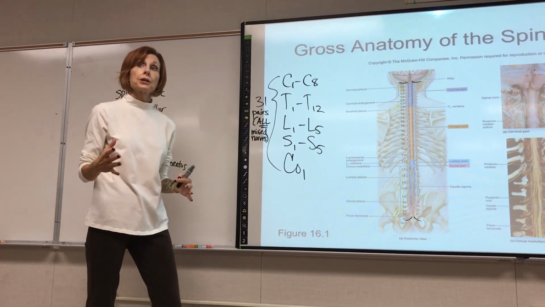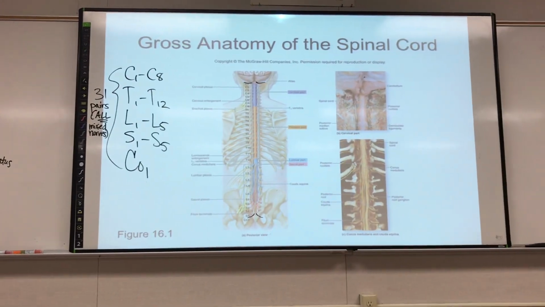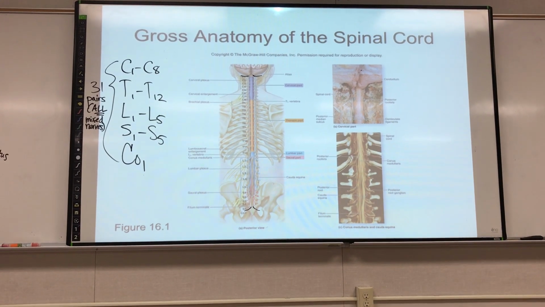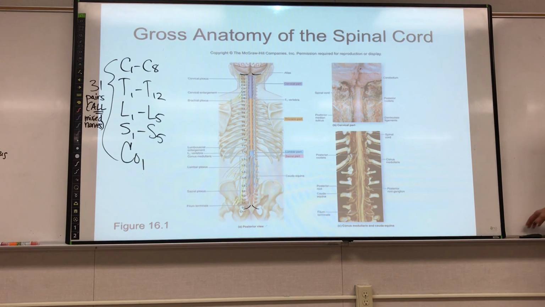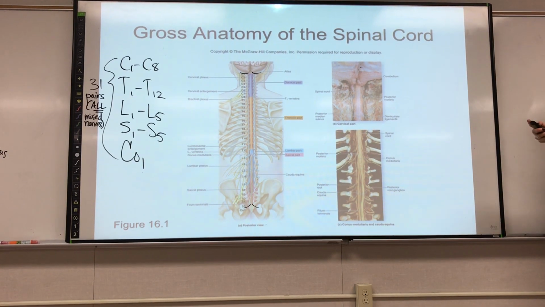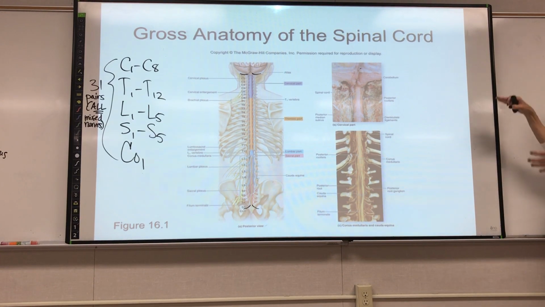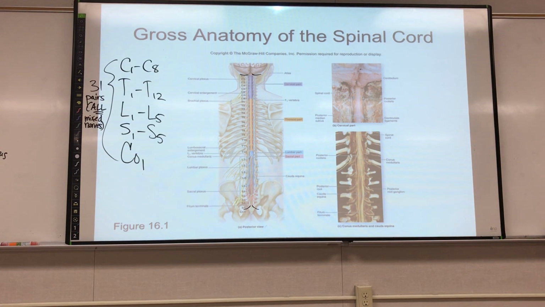So let's take a look at the structure of a spinal nerve. I'd like to use this diagram that we were just looking at because I think it's easier to see all the parts on that one diagram, but you can really look at any diagram that shows a cross-section through the spinal cord.